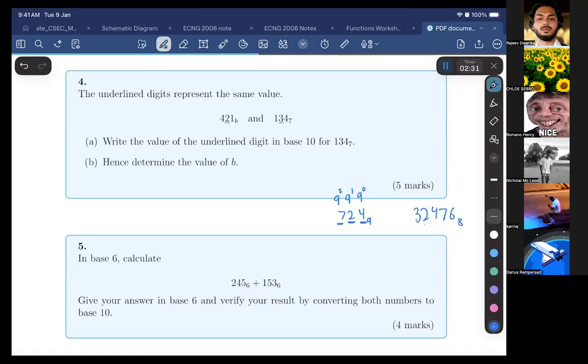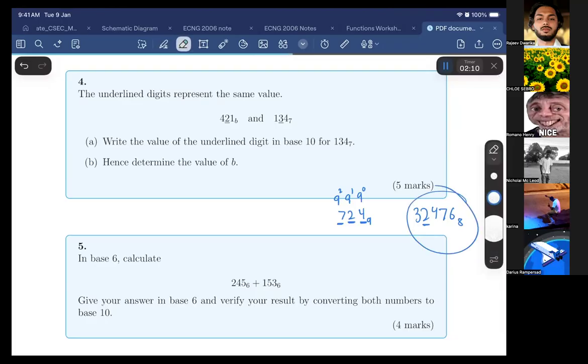What would be the place value for the 2? What base are we dealing with over here?